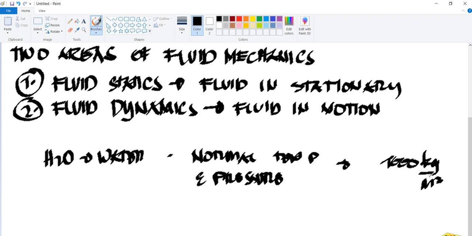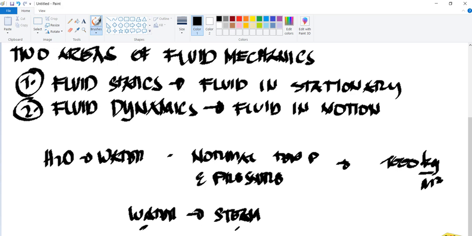So the density of the fluid changes. You will notice from water to steam, these characteristic properties are different.